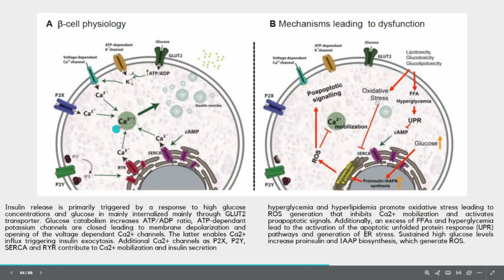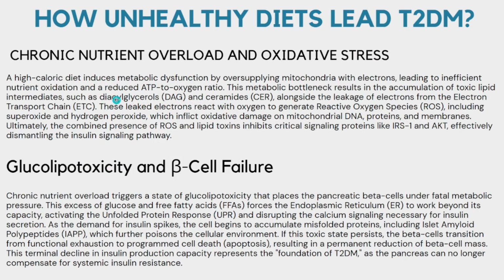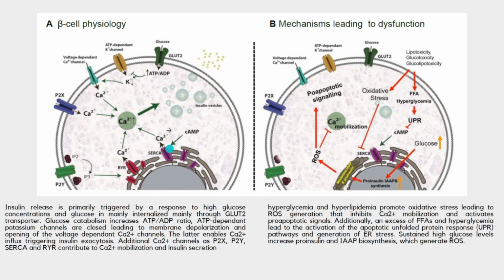So calcium is very important. But when you have free fatty acid, you break down the calcium ion channel here. Calcium ion cannot enter into the cell, and when the calcium ion cannot enter the cell, then no insulin. You already destroy the beta cell. Calcium ion leads to ROS generation, reactive oxygen species, inhibits calcium ion mobilization, and activates the apoptotic signal.